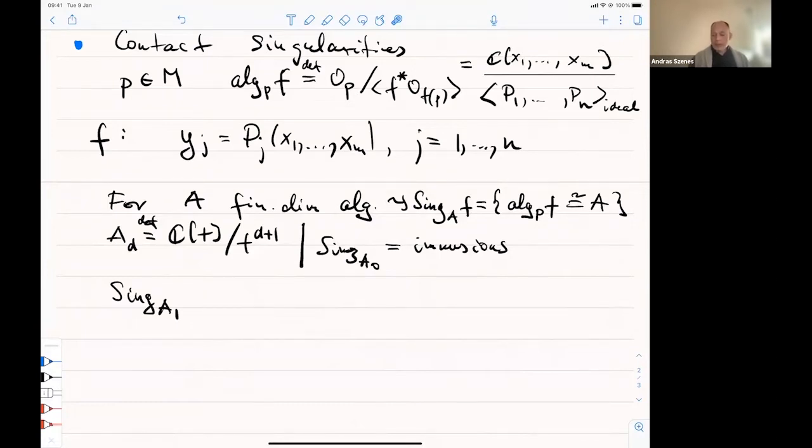Well, of course, these sets are open, but once I close it, then for a sufficiently generic case, this will be just the singularity locus of the function f. Okay, so these are just some examples. But if I look at, say, A2, then this is already a relatively complicated subset.